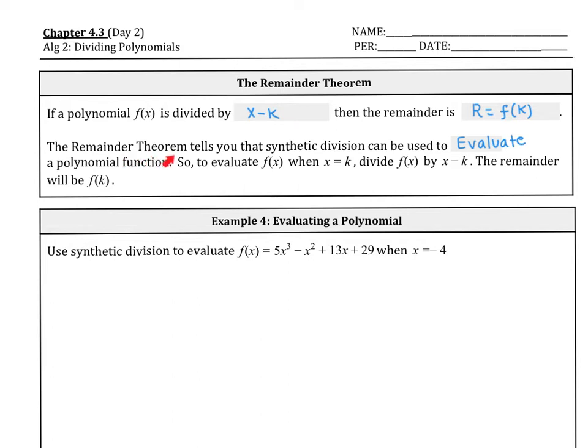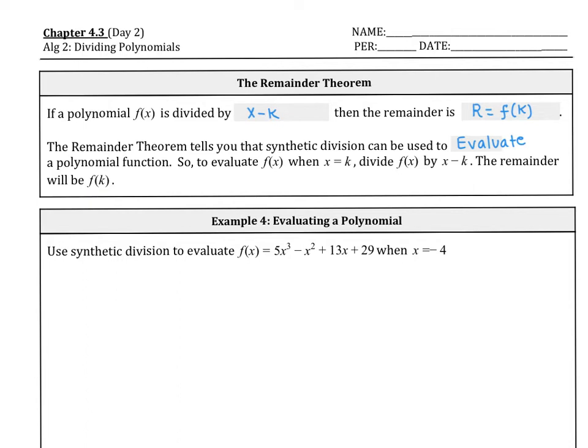The remainder theorem tells you that synthetic division can be used to evaluate a polynomial function. So to evaluate f of x when x equals k, divide f(x) by x minus k, and the remainder will be f of k.